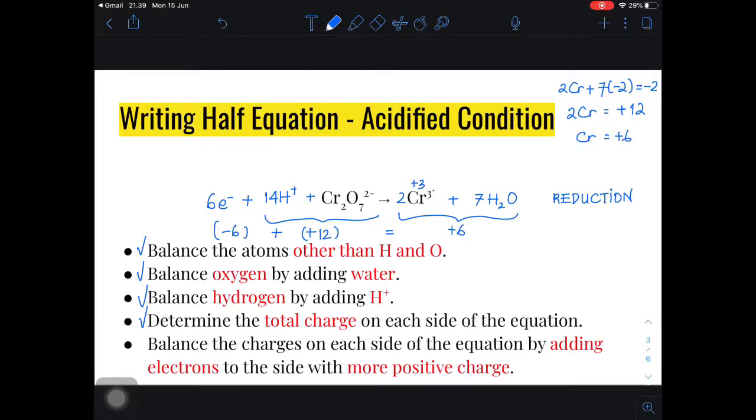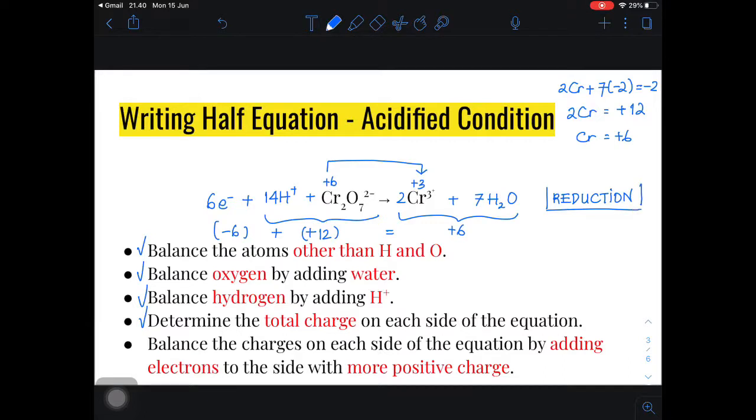Cr is +6. The oxidation state of chromium changes from +6 to +3 because the oxidation state is reduced, therefore it is also a reduction.